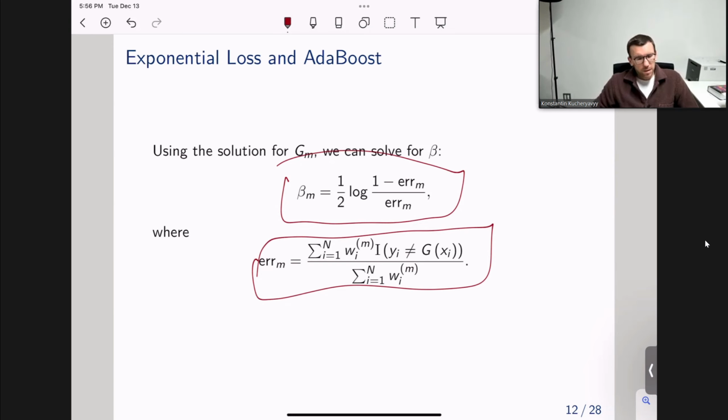Maybe I wasn't clear why we started talking about AdaBoost. When it was introduced, it was a very successful algorithm, but then it was failing sometimes.